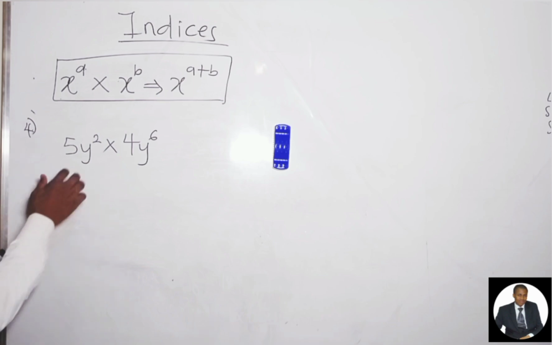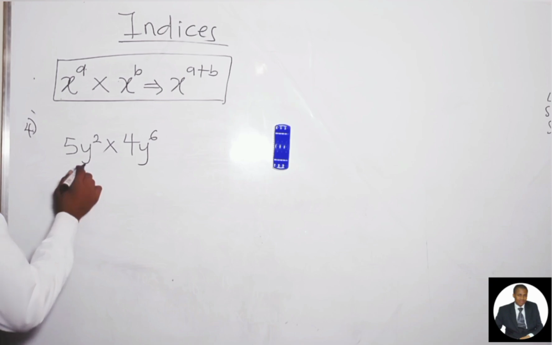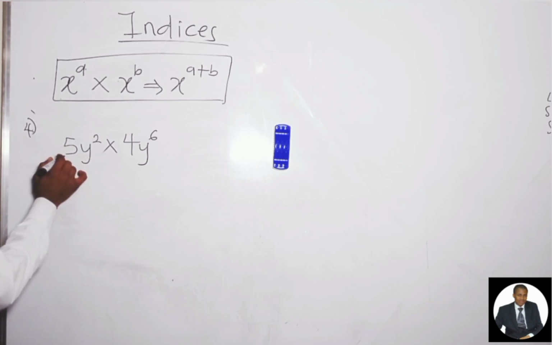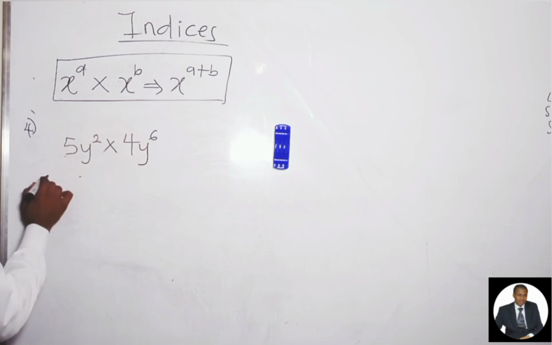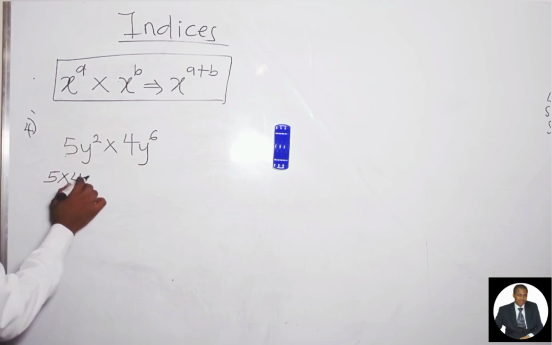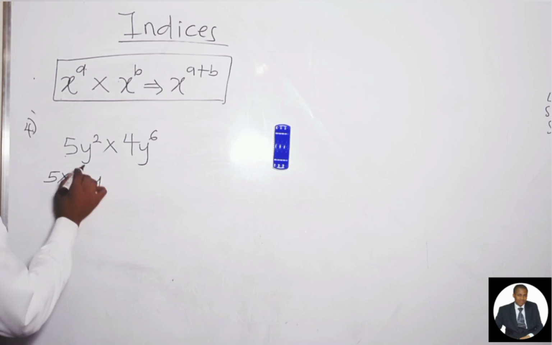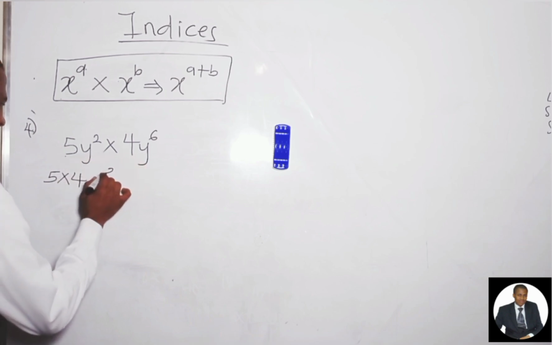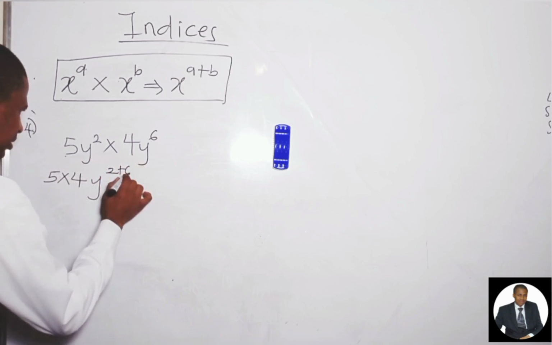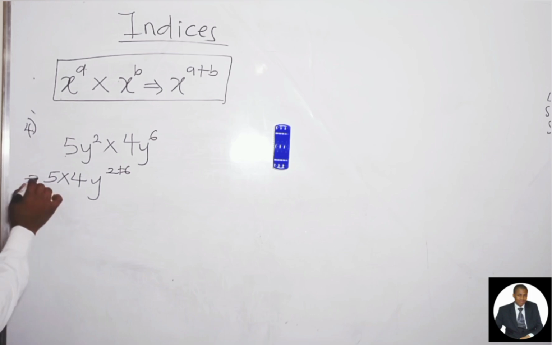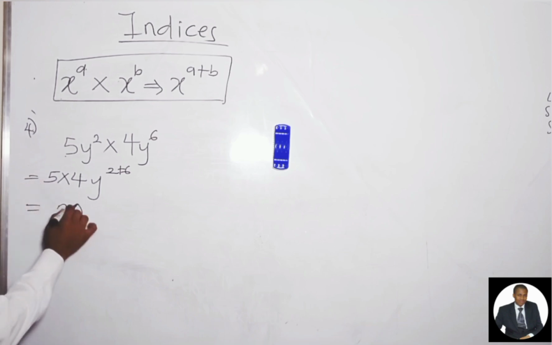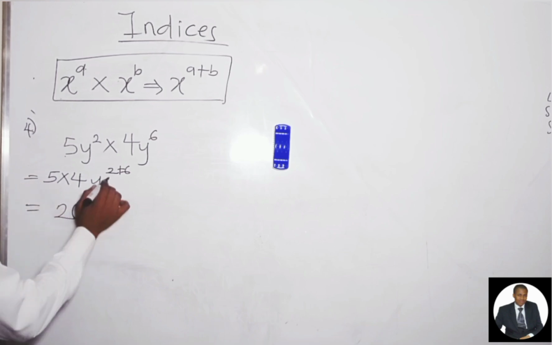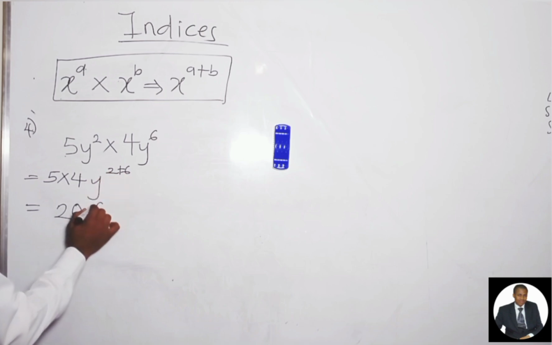We have a base, which is y. Then we have figures. What do we do in this kind of case? We bring out the figures, the numbers, 5 times 4. Then we pick out one of the base, and then we add the exponents. 5 times 4 is 20. We pick out the base. 2 plus 6 is 8.